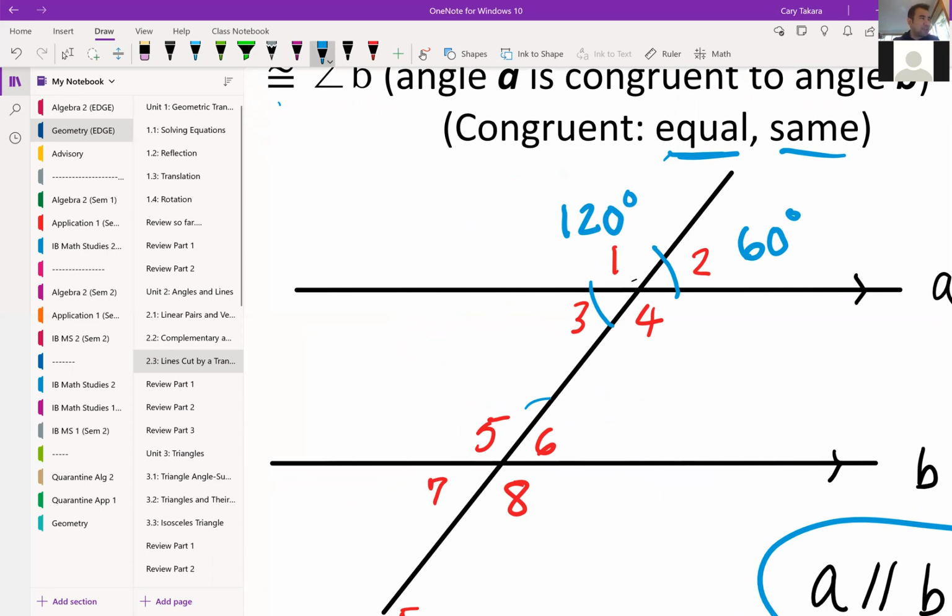Angle 2 and angle 3, aren't they vertical angles? That means angle 3 has to be 60 degrees as well, because opposite angles are equal. Now, how about angle 4? What do you think angle 4 is going to be? It's got to be 120 because they are also vertical angles, right?